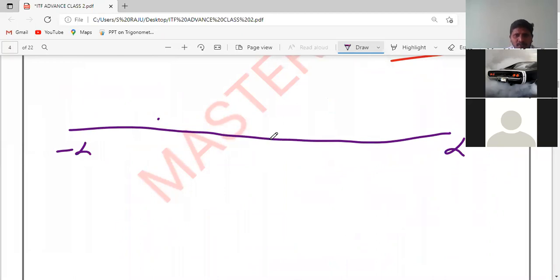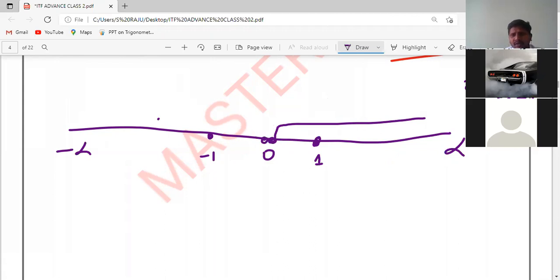Here, what is the principal value branch domain of cos inverse x? Minus 1 to plus 1. And the principal value branch of cos inverse x is 0 to pi. Am I right?